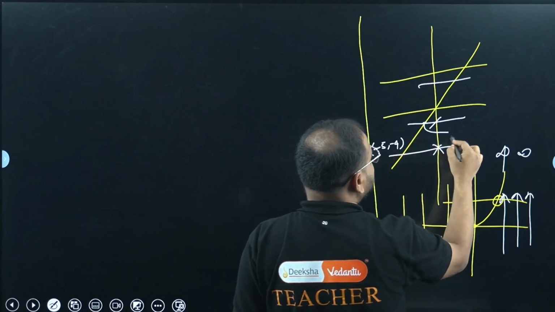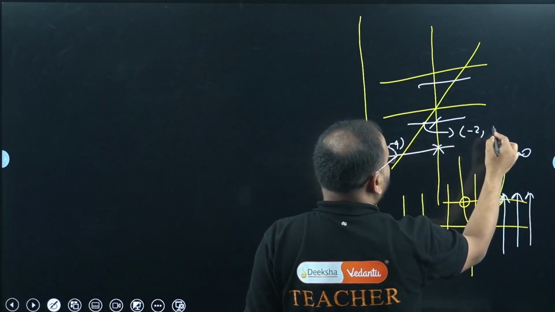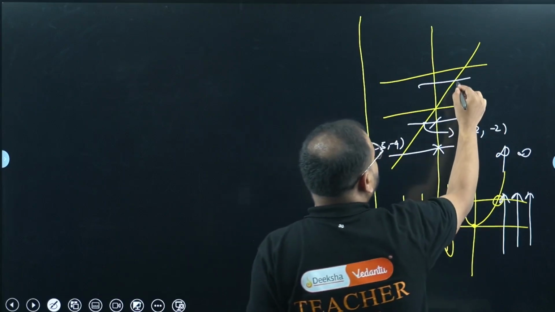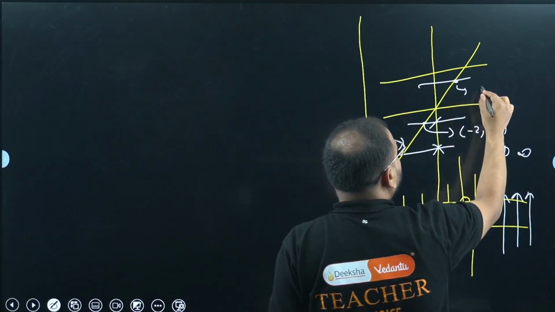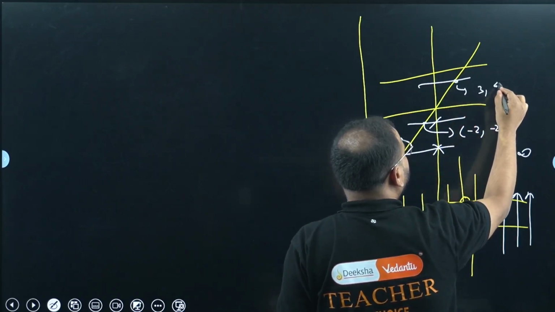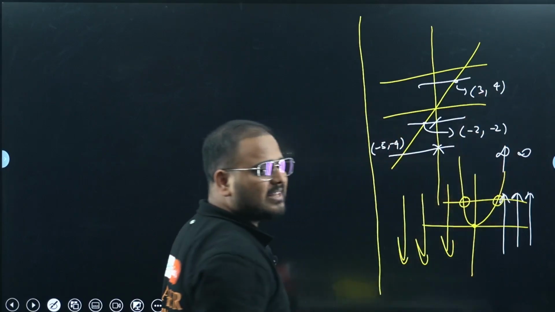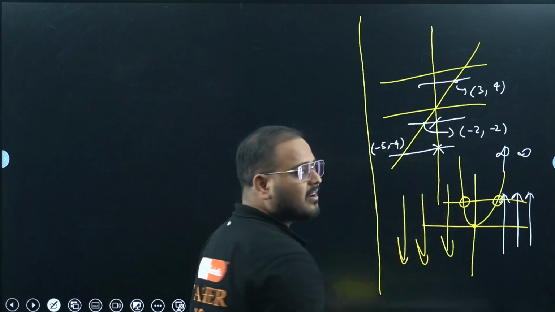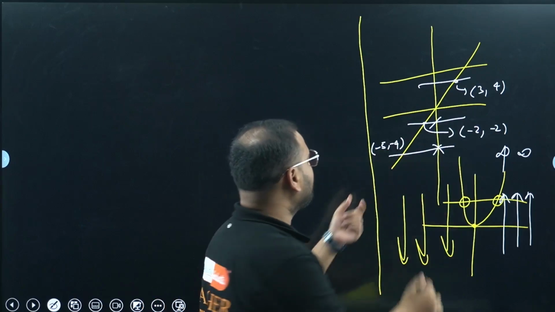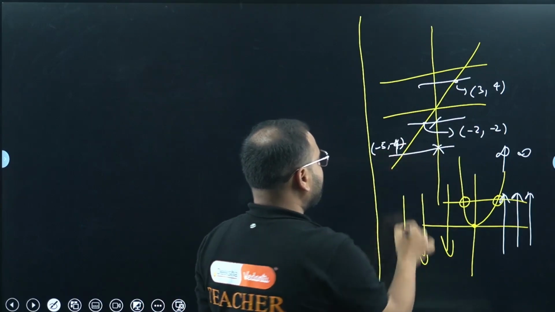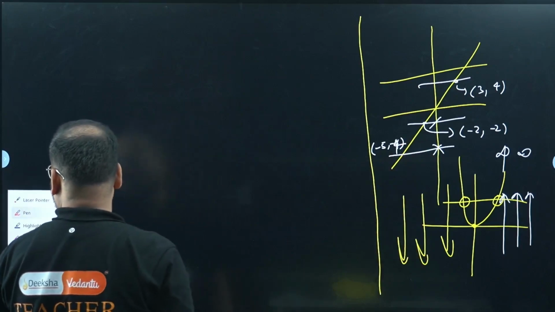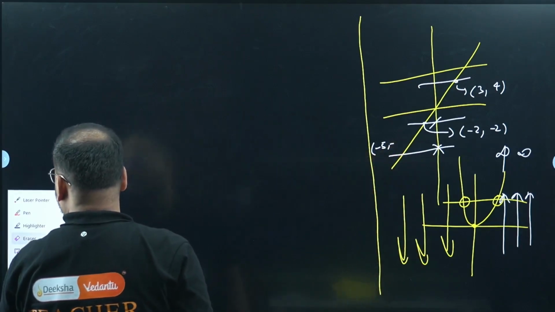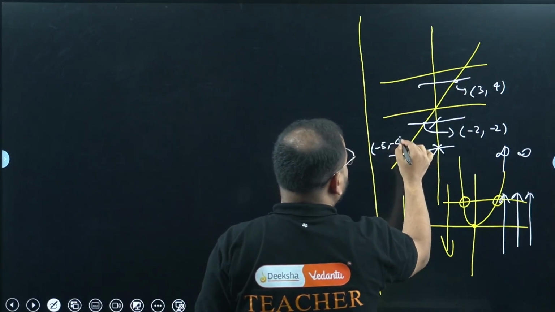This point represents, let's say, (-2, -2). And this point, let's say, represents (3, 4). So look at the x values, -5 to -2, x is increasing, correct? Let me rewrite it again. I will erase all of this part, only for explanation, not part of the solution.